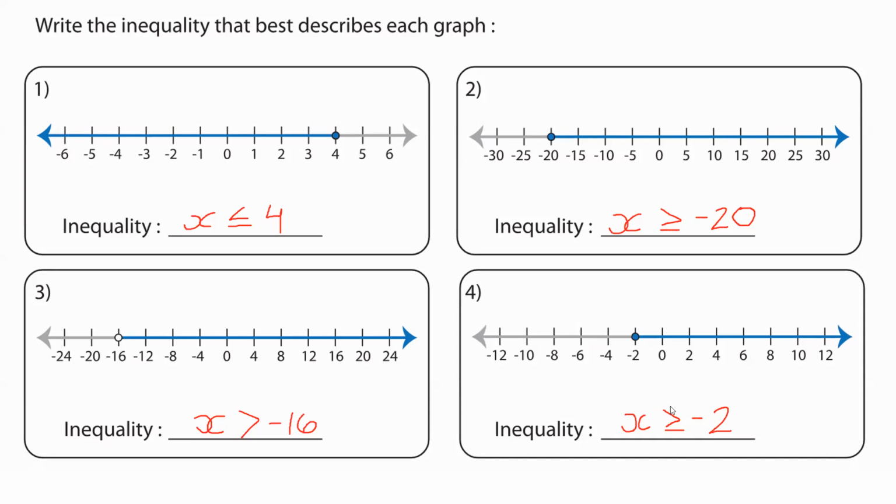So that means it's going to be greater than or less than? Greater than. Very good. So it's greater than, but we shaded the negative 2, so it's going to be equal to as well, right? Yes, sir. So it's going to be X is greater than or equal to what? Negative 2. Very good.